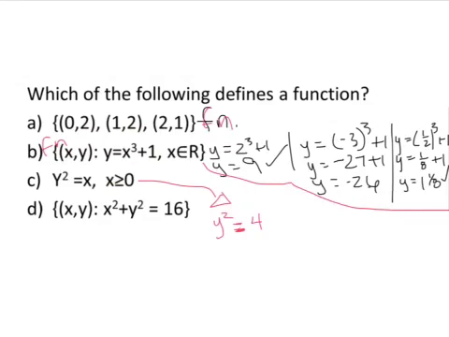What are some things that y could be squared to get 4? Obviously, 2 squared is 4, but we also need to keep in mind that negative 2 squared is 4. So right away we can see when we put in an x of 4, 4 leads to 2 and negative 2. So this is not a function.